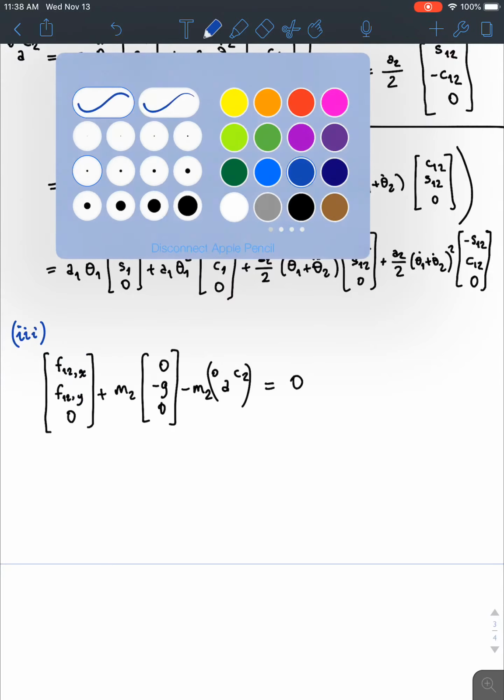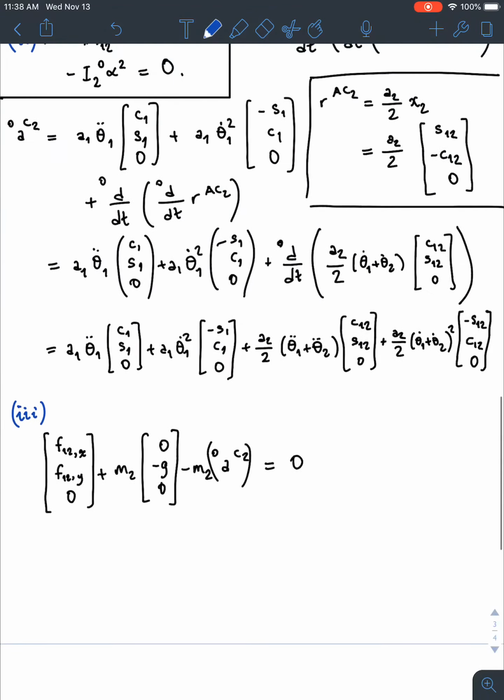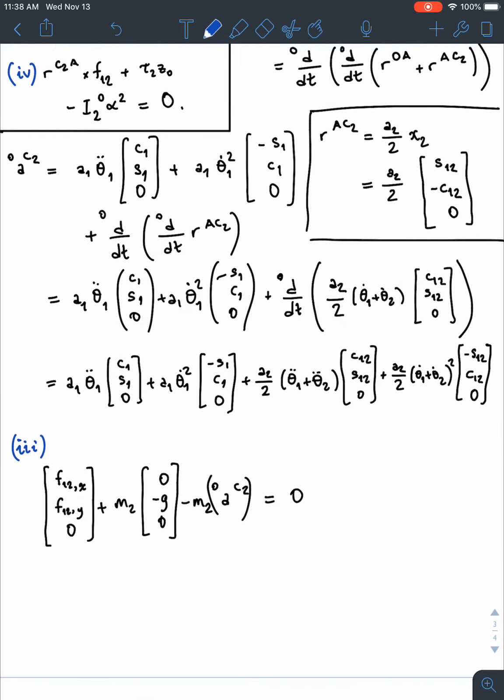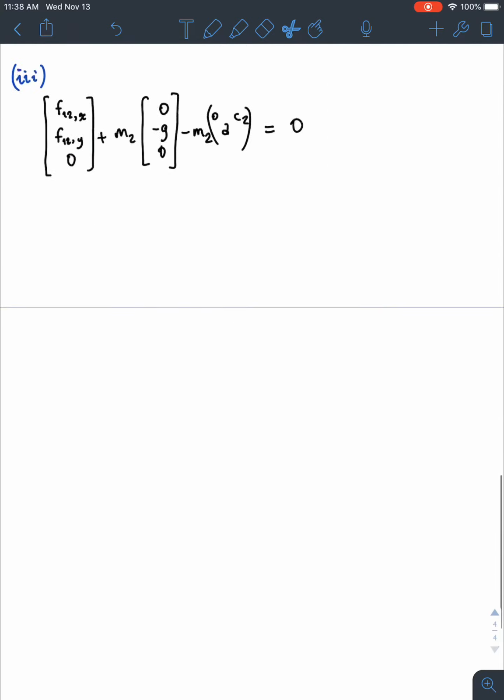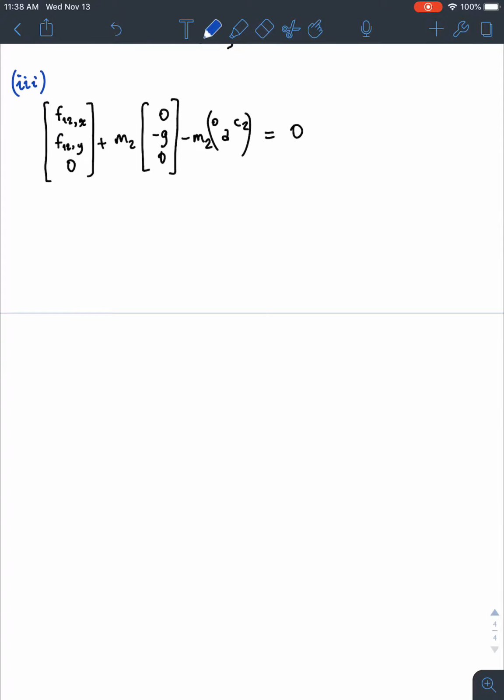And finally, equation 4. Let me copy that again so that I can work on it over here.